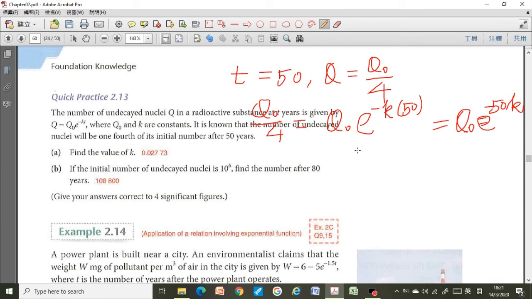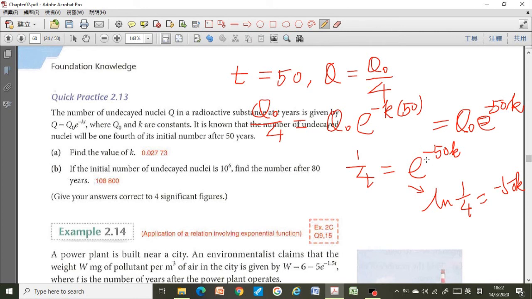So you will get 1/4 is equal to e to the power negative 50k. You have two ways to do that. The first way is taking log on both sides. Log 1/4 equals negative 50k, and k will be log 1/4 divided by negative 50, and you will get this answer 0.027. The other way is like this.